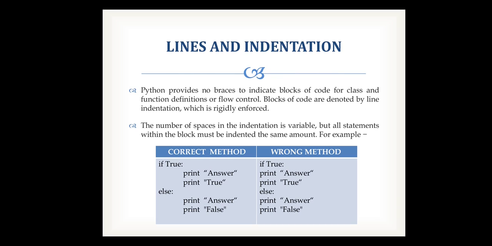For example, see the correct method. If the expression is true, the statement comes after some space. The first print statement, which consists of an answer string, comes after some space, so it is called indentation. After that, the else part comes in the same section where the if is written. So this is the proper indentation of code.